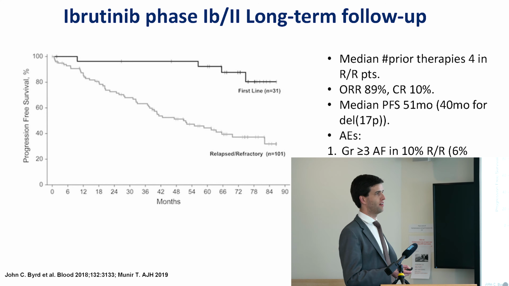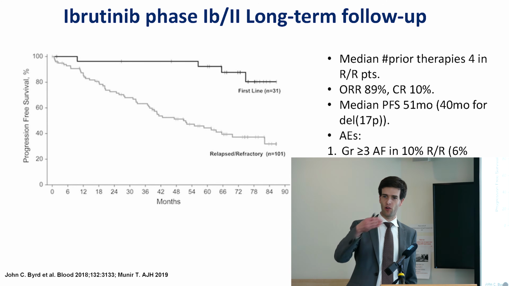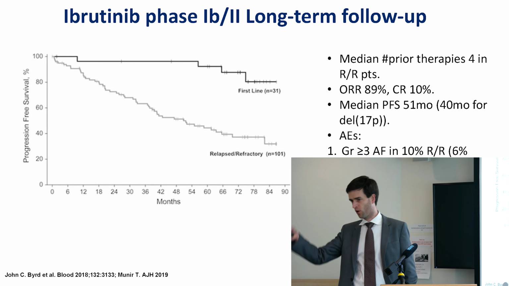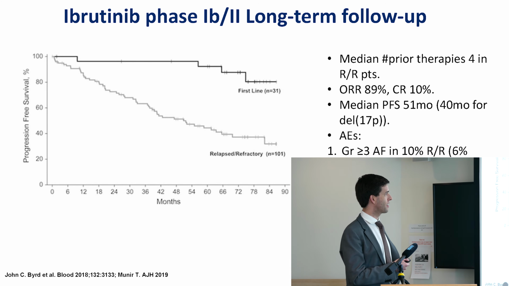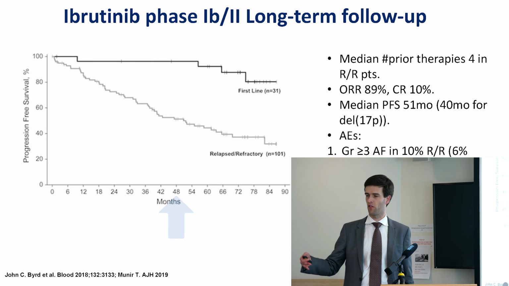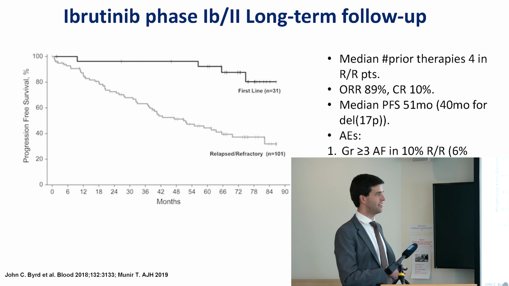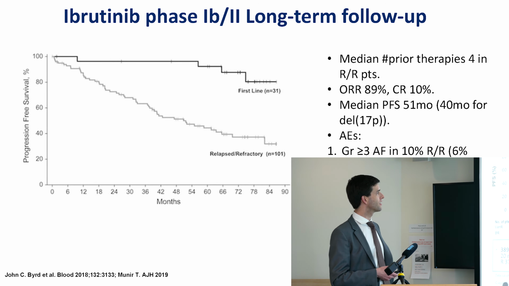The median number of treatments people had had before was 4, which means they'd had chemotherapy, then more chemotherapy, then more chemotherapy, then more chemotherapy. So when they started treatment with Ibrutinib, they were having amazing results, with about half of the patients having more than 4 years of disease control. And out here, still many patients in remission at 7 years after starting Ibrutinib treatment.